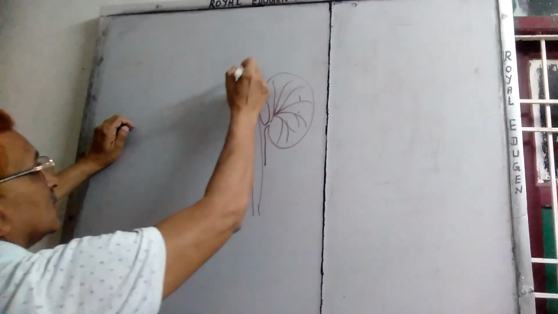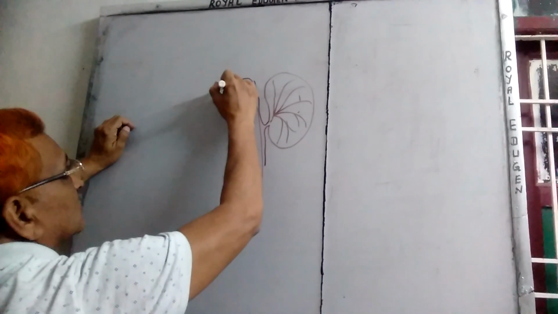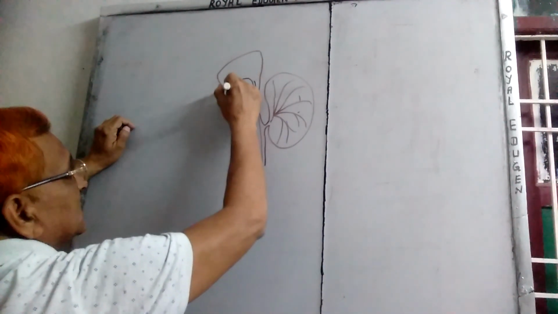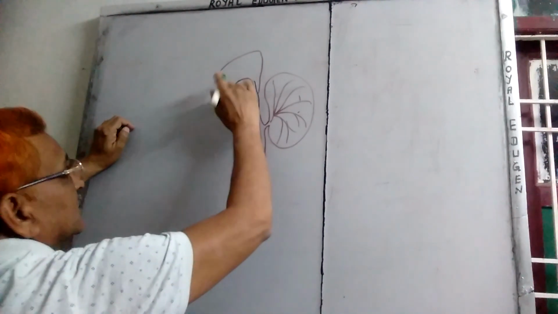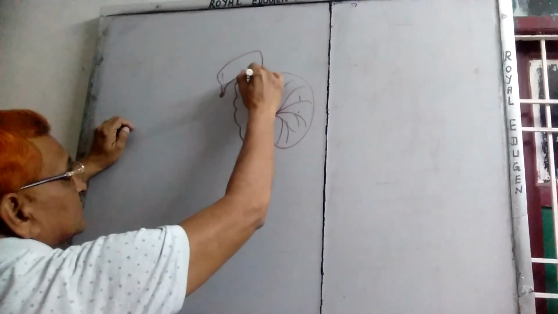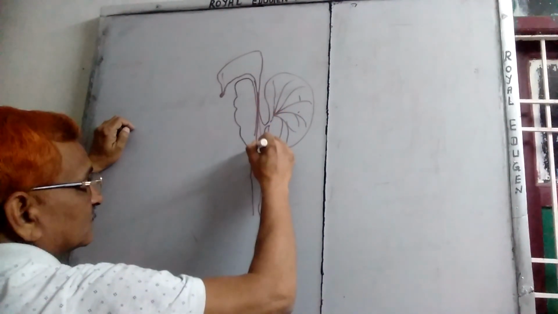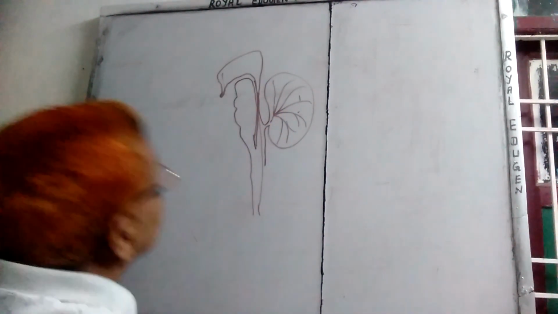Then you can draw a quadrilateral type of diagram here, which may interrupt this one. Any problem drawing this?